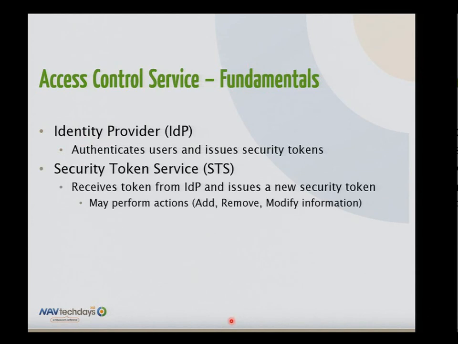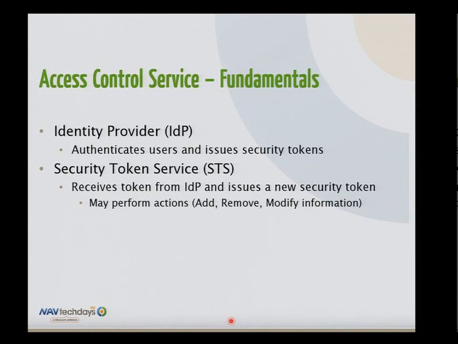And next we have the STS, Security Token Service. Basically, it receives the token from the identity provider and transforms it into something known or usable by the configured application, in our case NAV.